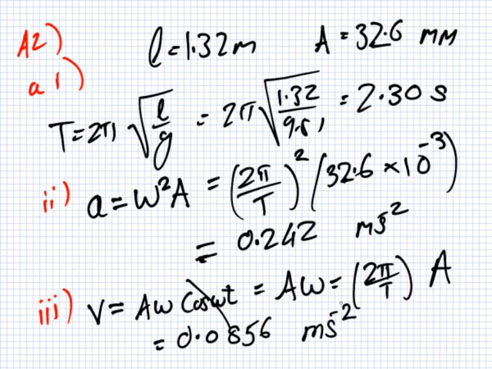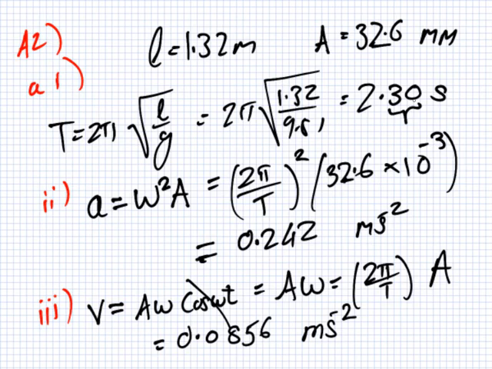If I put in more decimal places, how many decimal places are here? 2. So if I put in more than 2, I'll get this answer.